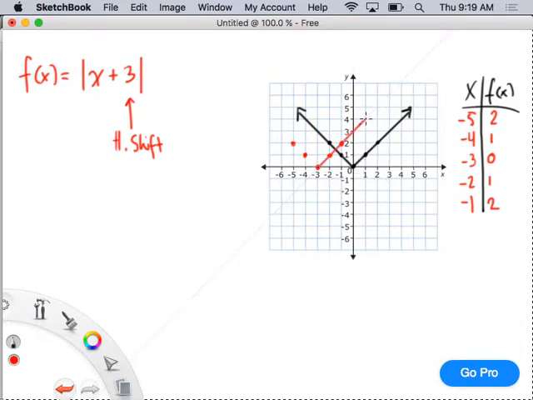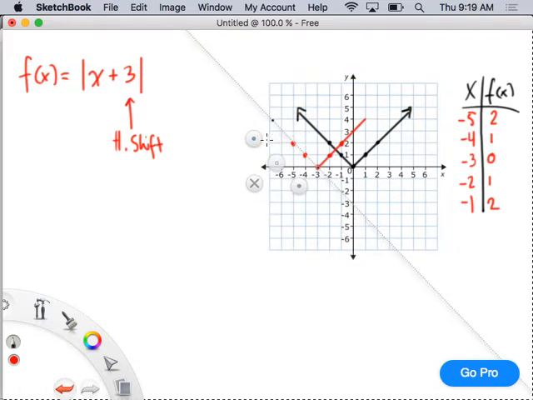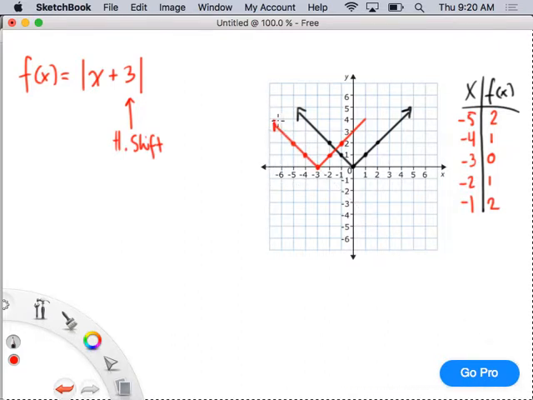Once I've got the points, I go ahead and graph the lines. And we can pretty clearly see that our graph is shifted 3 to the left.